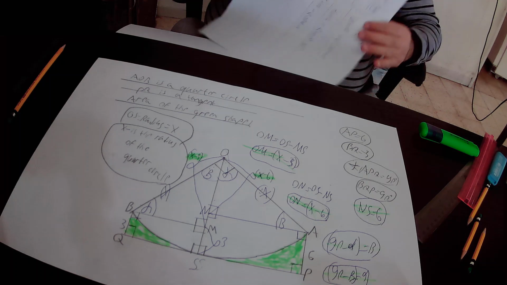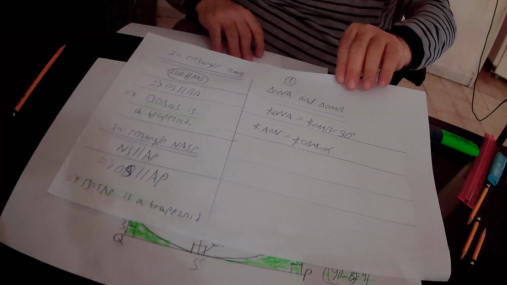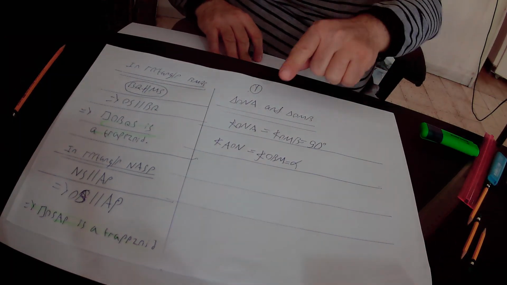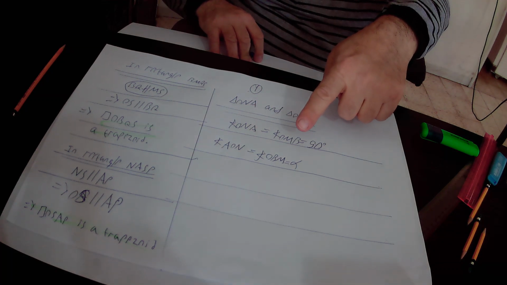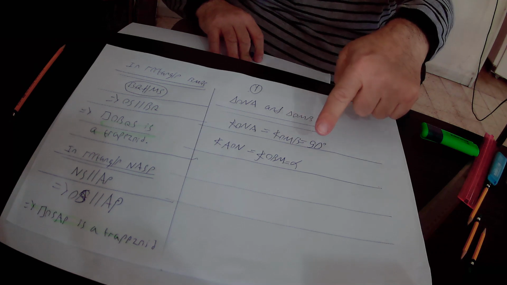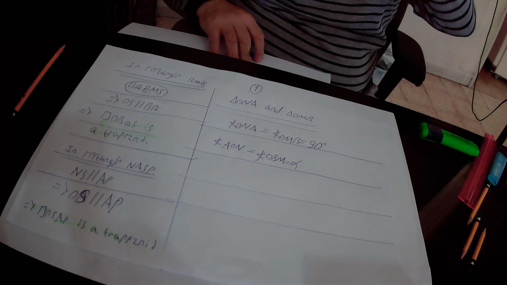Again, angle AON in the right triangle ONA equals angle OBM in the right triangle OMB. They are both equal to alpha, therefore they are equal to each other.